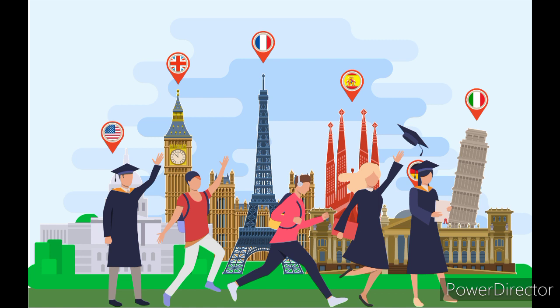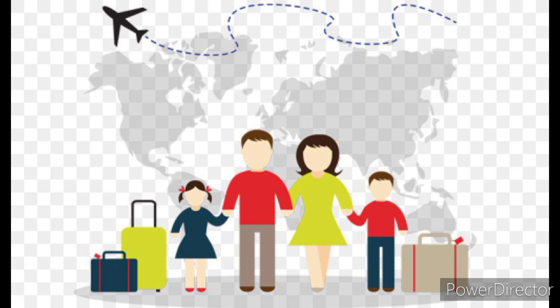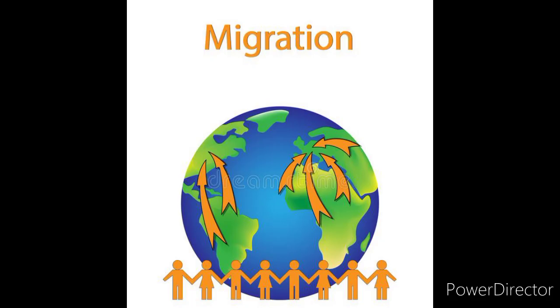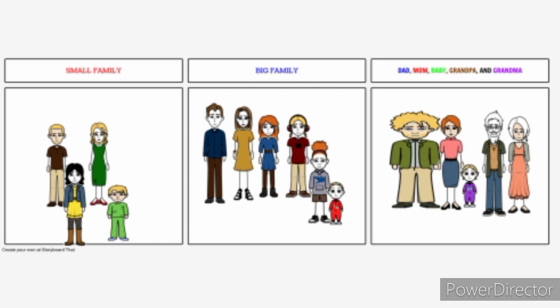Some take up jobs or occupations in other places. Moving from one place to another in order to live there is called migration. Migration in simple words means when a person shifts from one place to another permanently. Thus, due to migration, marriages, births and deaths, the number of people in a family goes on changing.